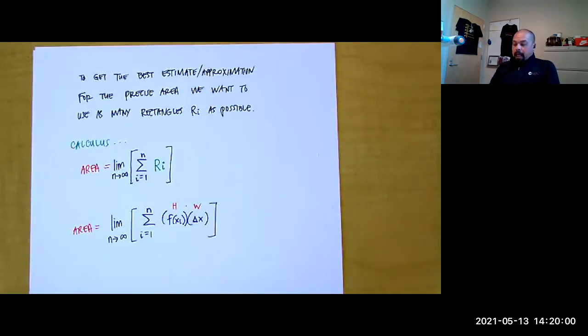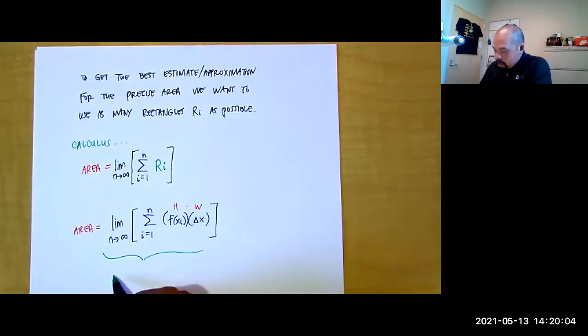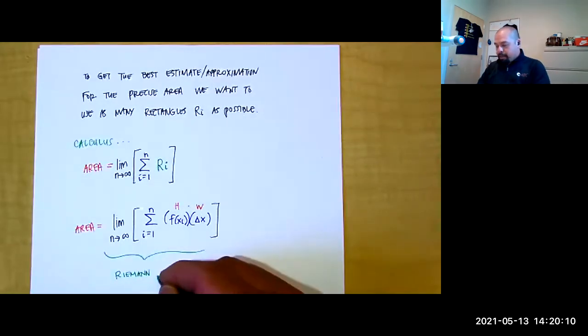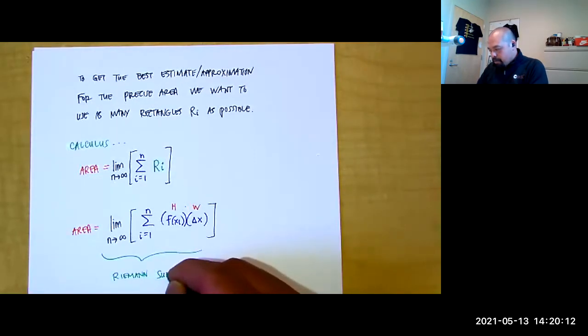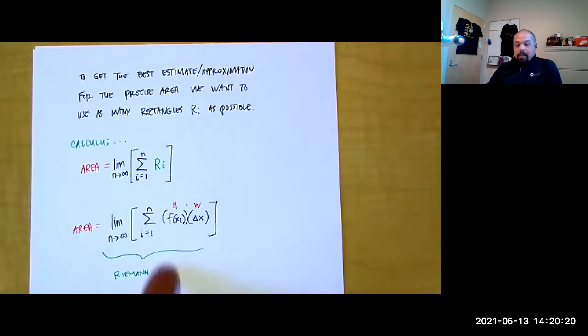Okay, and so this discussion, we call this our Riemann, for a mathematician that kind of initiated this process or got famous for this process. That sigma is a summation.